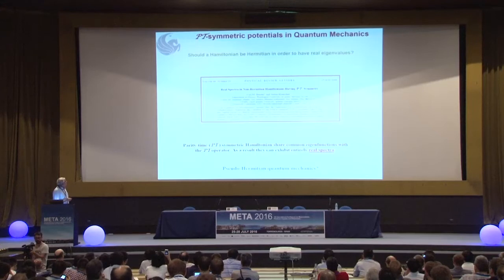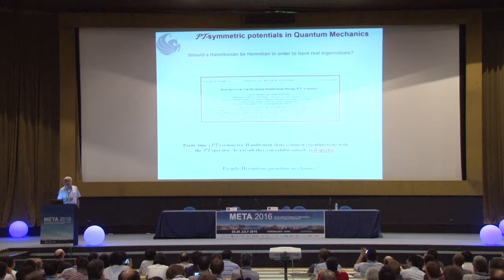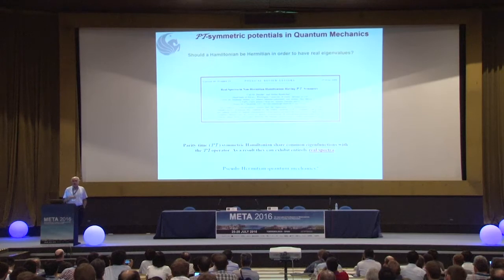Back in the late 90s, Carl Bender and colleagues asked the following interesting question. Should a Hamiltonian be Hermitian in order to exhibit real eigenvalues? Anyone who has taken an introductory course in quantum mechanics would say yes. Typically, we associate real eigenvalue spectra with Hermitian operators.